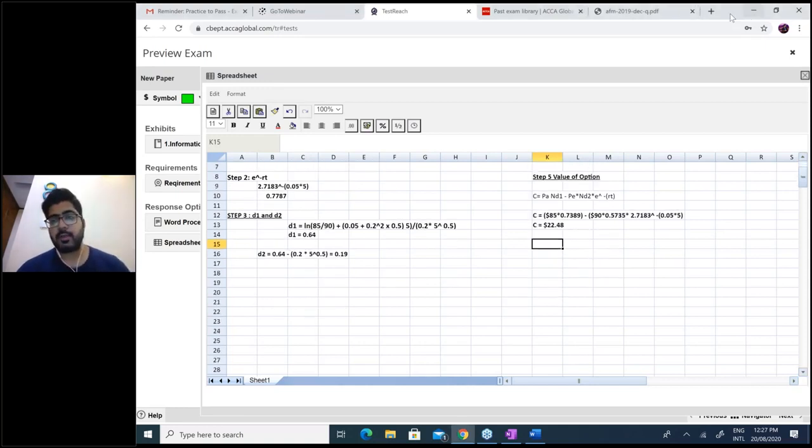Okay, in this part A of the question, yes, Salima. Since the values you placed, 85 and 90, are the per share values, the premium is also per share.